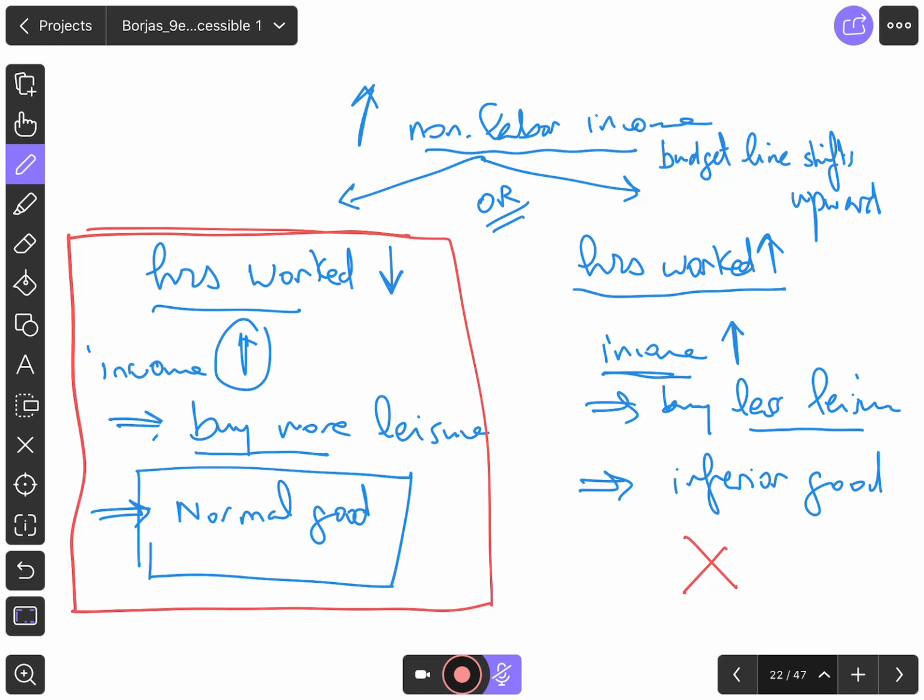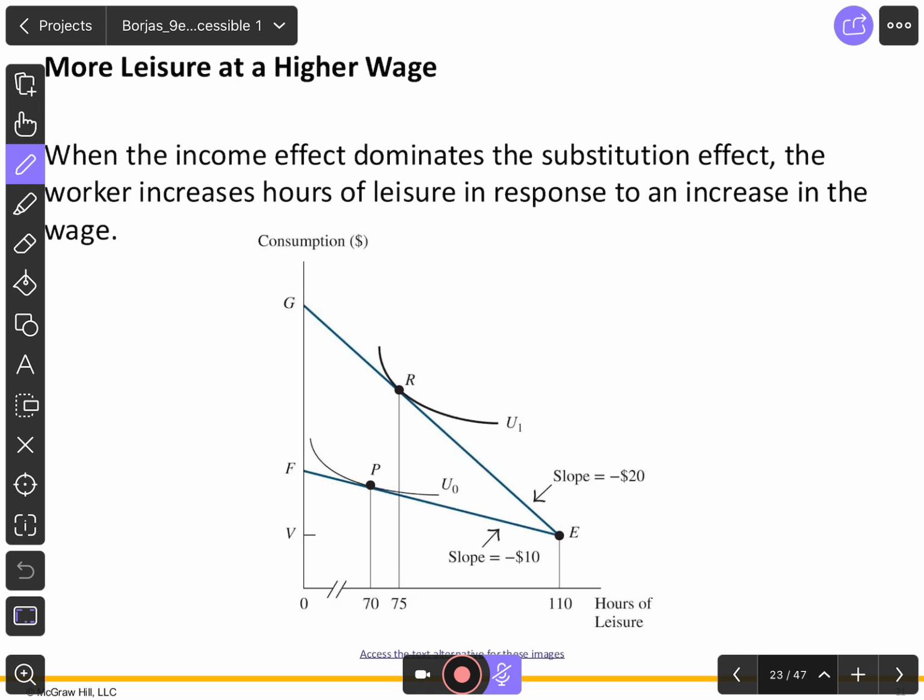So let's go back to the slides. As we said, we can have two options, right? The first one, which we call the income effect, and the other one is the substitution effect.